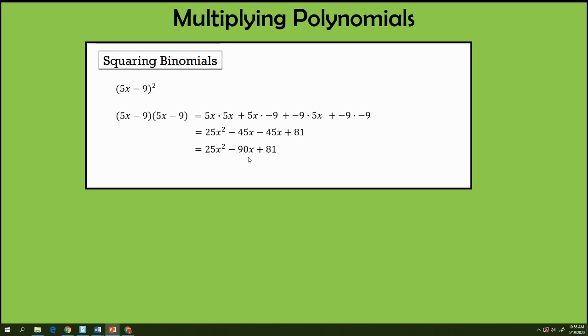Just to let you know, there is a pattern to this that would bring us back to this as a simplified answer, if you will. When we go to factor here, we would actually factor this back to here. But there is a pattern to these. We're not going to get into it right now, but in the future, we'll talk about it. But this is how I'd go about the process. So take your given problem, expand it, FOIL, simplify.